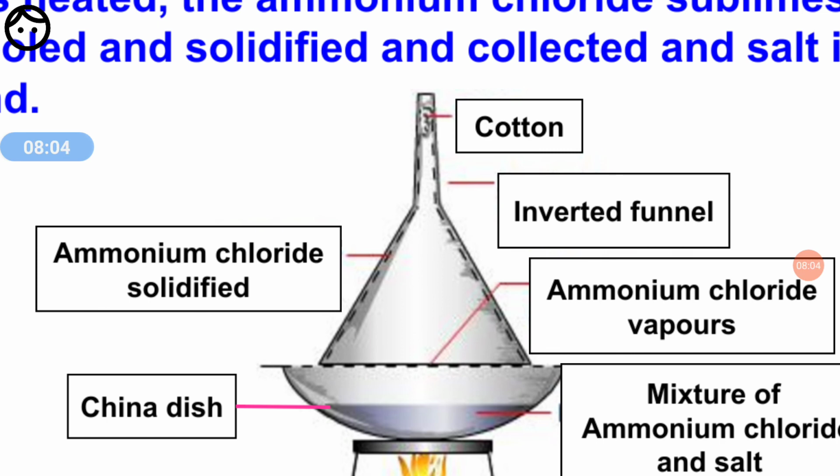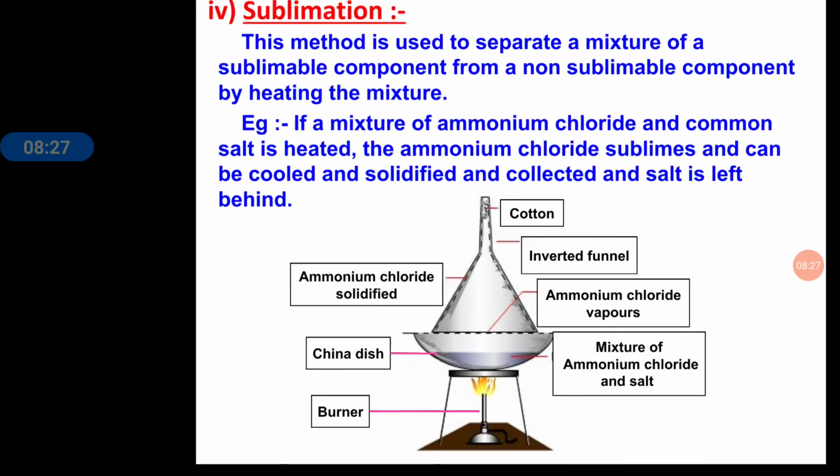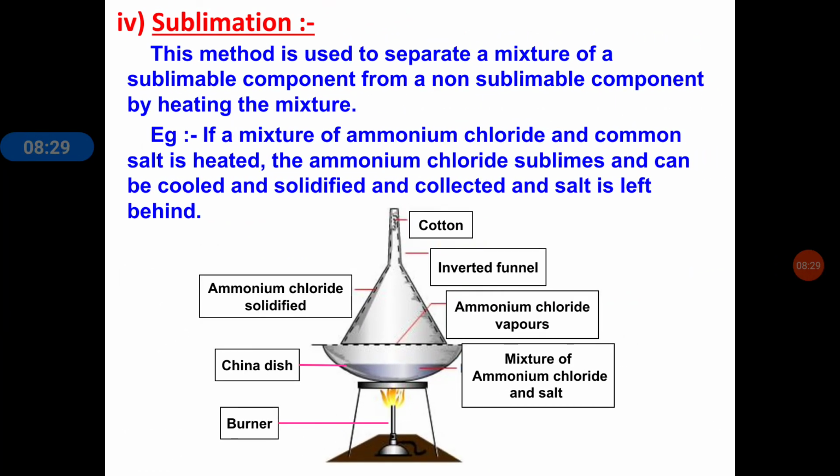Ammonium chloride is in solid state. When you heat the mixture of ammonium chloride and salt, ammonium chloride vapors form, and it does not go to the liquid state, it directly goes to the vapor or gaseous state, and that gas settles on the wall of the funnel. In this way you can separate ammonium chloride and salt, and this method of separation of ammonium chloride and salt is called sublimation. So that's all for today.